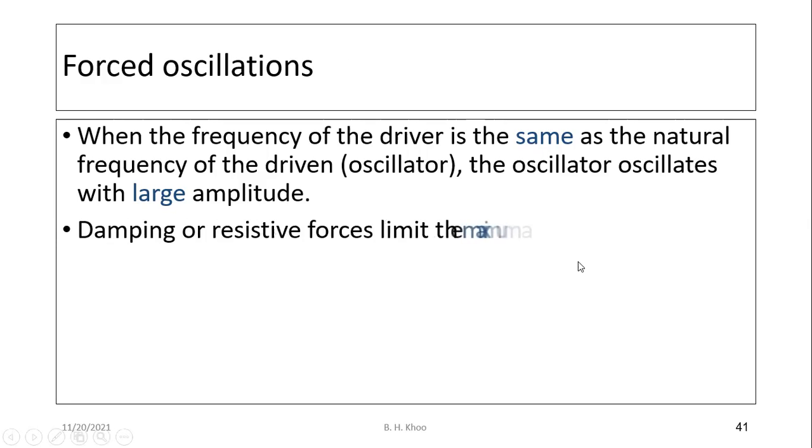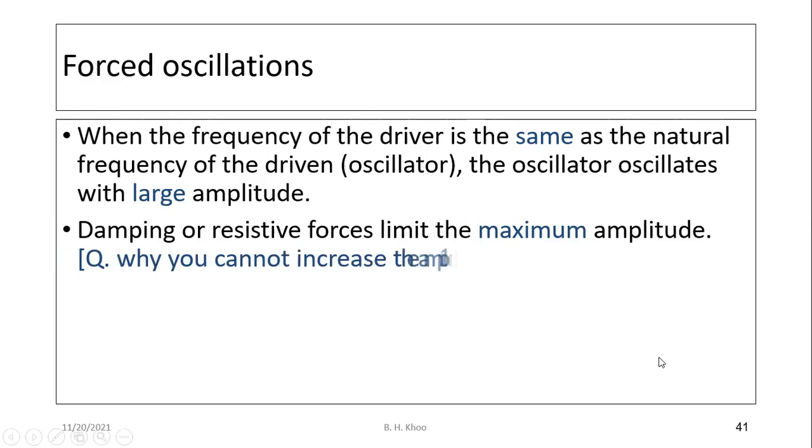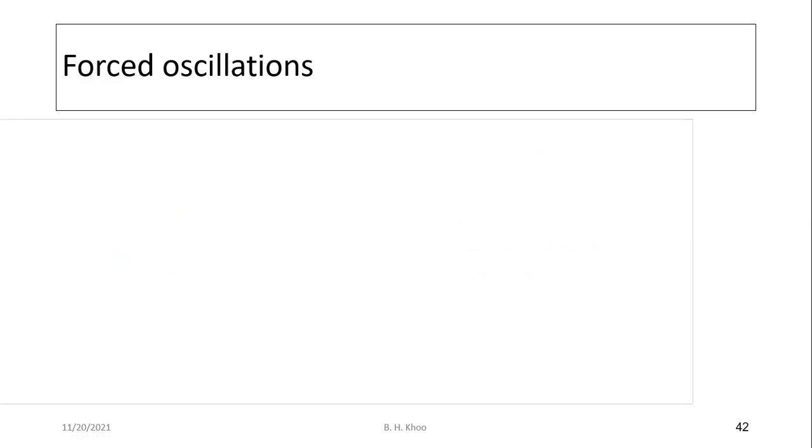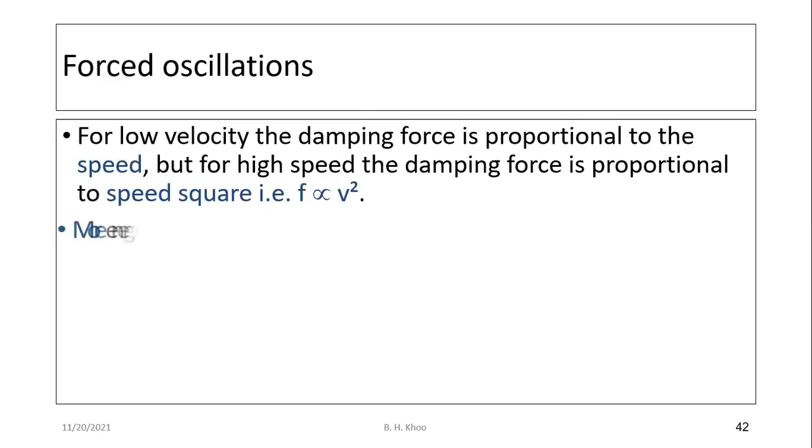Damping or resistive forces limit the maximum amplitude. That's the reason why I asked you why you cannot keep on increasing the amplitude indefinitely. When you push it, you are giving it a periodic driving force, so you're increasing the velocity. And when you increase the velocity, as we have learned, there is air resistance.